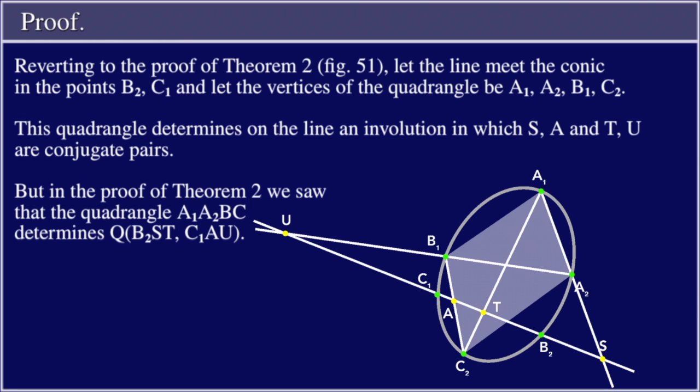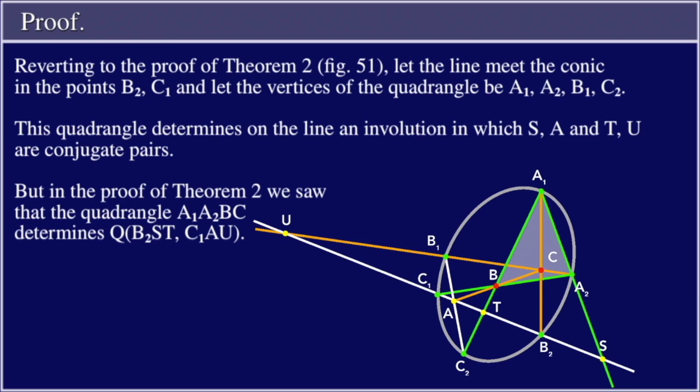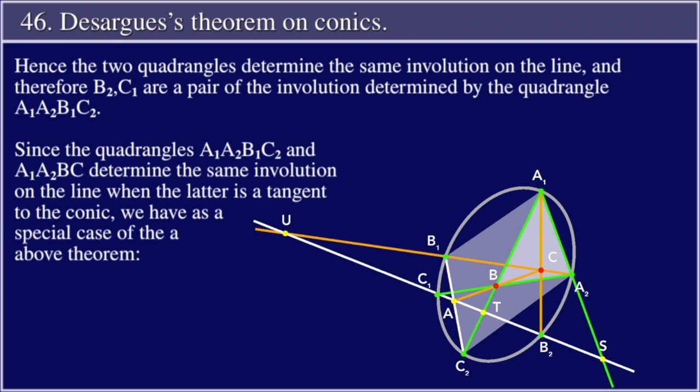But in the proof of Theorem 2, we saw that the quadrangle A1, A2, BC determines the quadrangular set B2ST, C1AU. Hence, the two quadrangles determine the same involution on the line, and therefore B2, C1 are a pair of the involution determined by the quadrangle A1, A2, B1, C2.